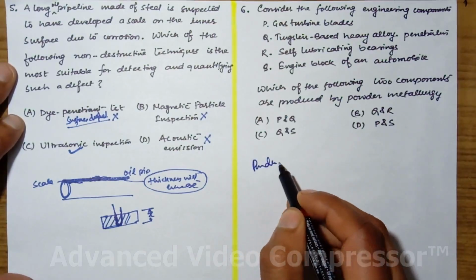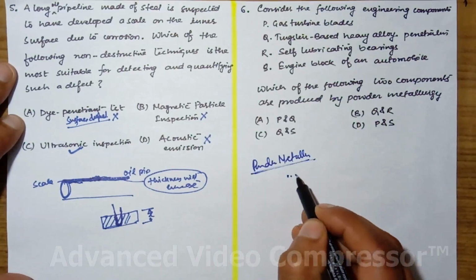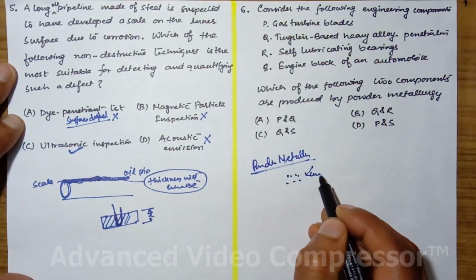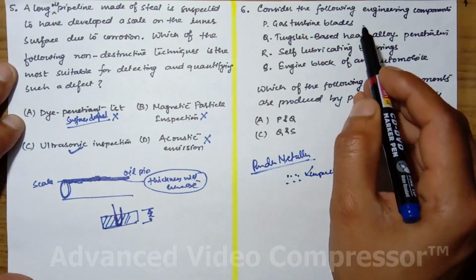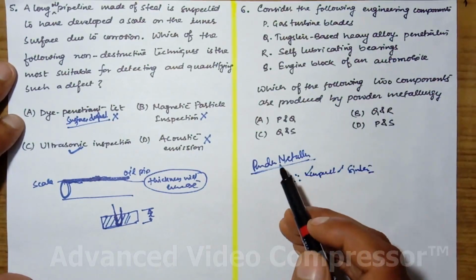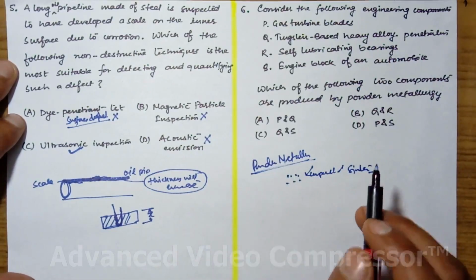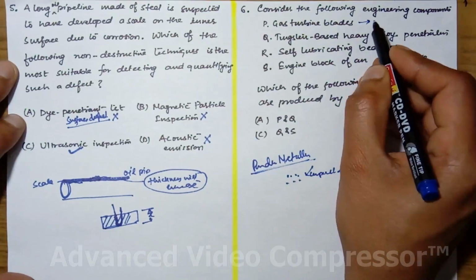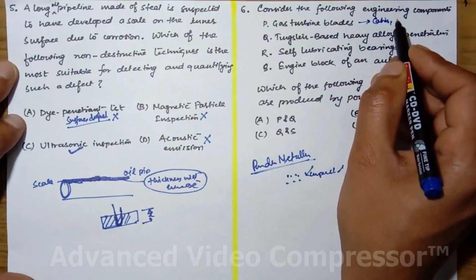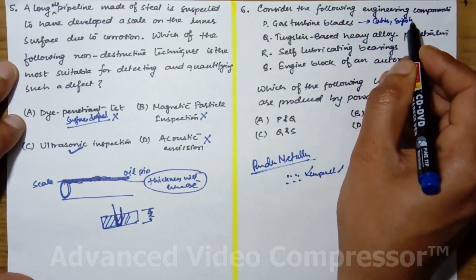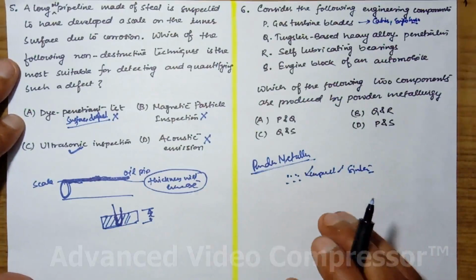In powder metallurgy we produce powder, compact it, and then sinter it. Gas turbine blades are generally not produced by this powder technique. They are produced by a casting mechanism, and also single grain casting, or single crystal.